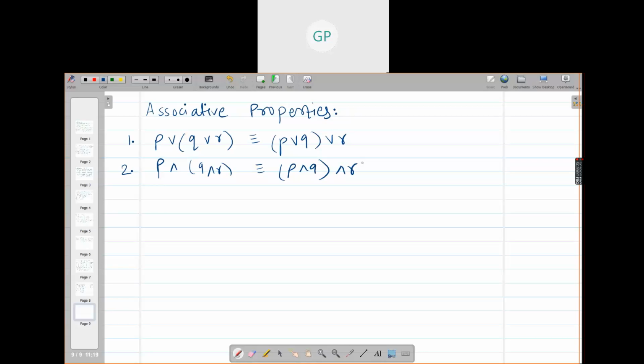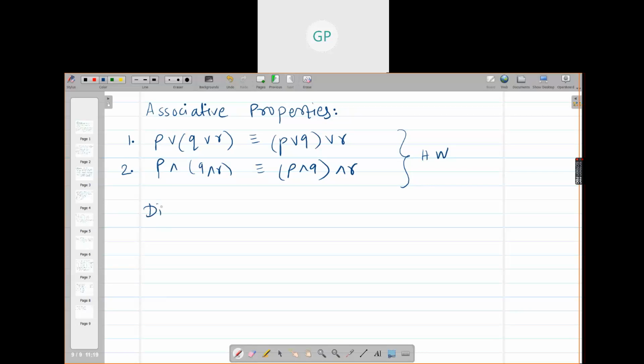On the left hand side, we are pairing Q and R. On the RHS, we are pairing P and Q. So this is your homework. You need to verify. Check the logical equivalence using truth table.